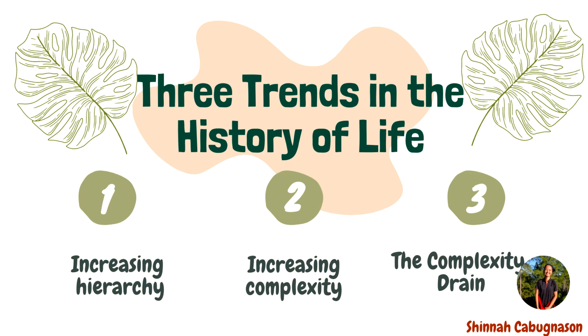The second is the increase in complexity in the sense of differentiation, in the number of different part types within a level. The third trend is also in complexity, but it is a downward trend, or a loss of differentiation at the lowest levels in organisms within its parts, and it is also called decomplexification.